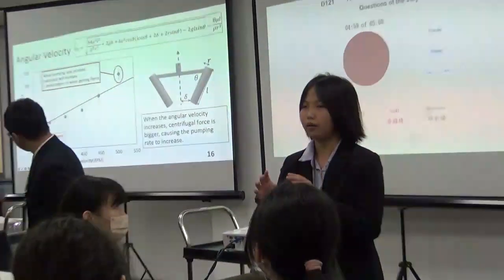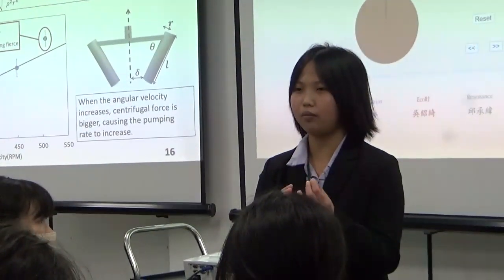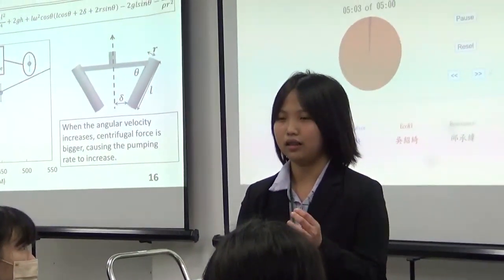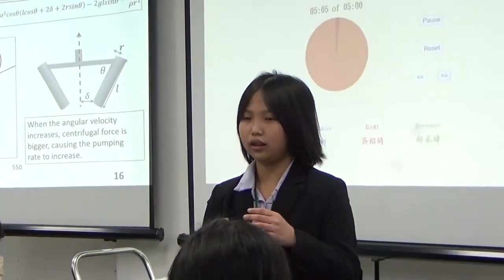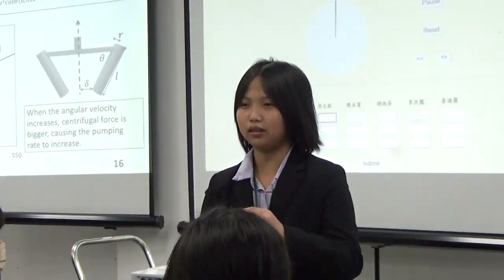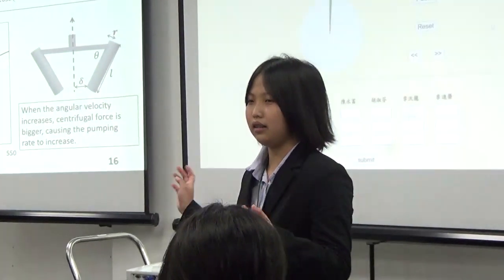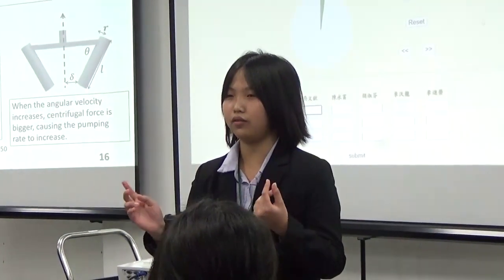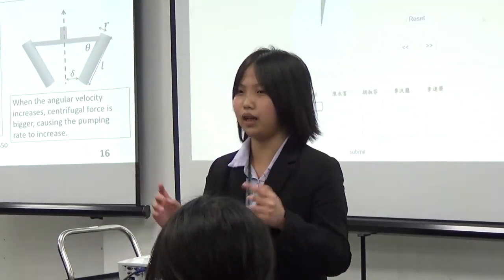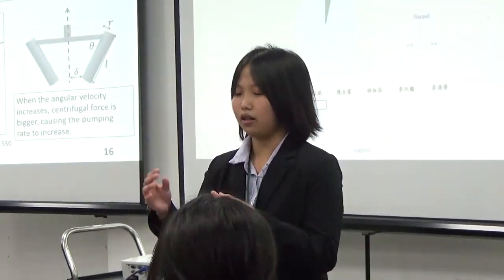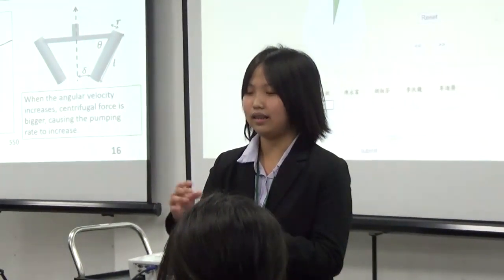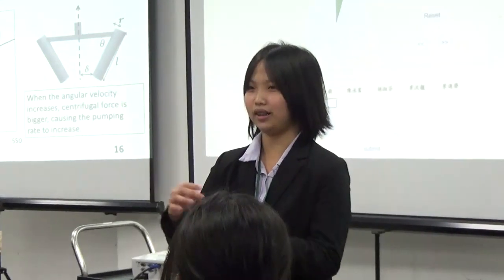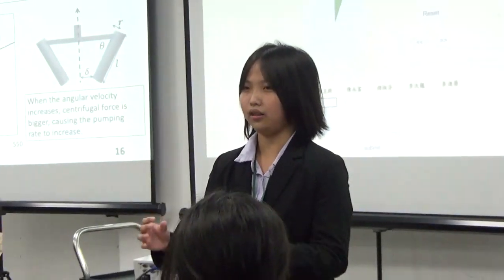If the water is pumped out in the shape of a droplet, I think it is because the viscous force of the water cannot hold the shape of a water column. The angular velocity becomes much bigger, and the force of pumping out becomes much bigger, so the viscous force cannot keep the water in the shape of a column.